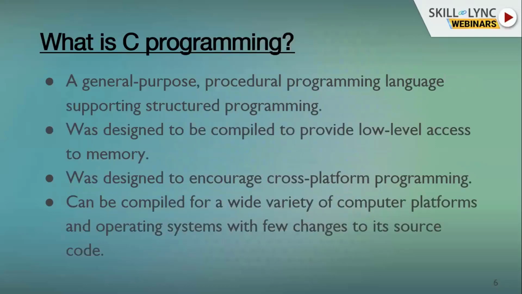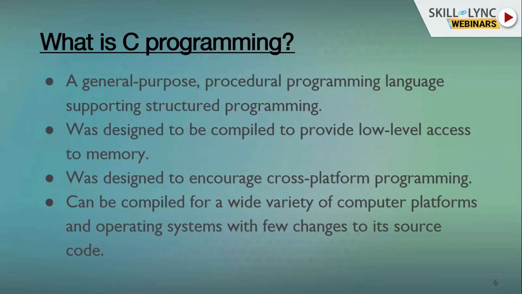Now we talk about C programming. Basically, C programming is a general purpose procedural programming language. It also supports structured programming, and it was designed to be compiled to provide low level access to memory. That's why it is called a low level programming language as well.